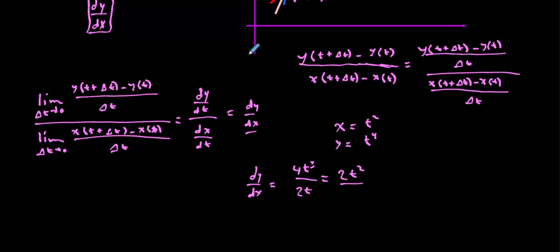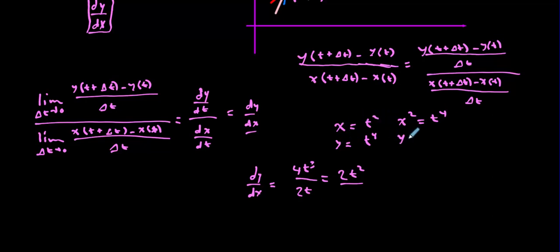Now let's just think about what if we eliminated the parameter up here and then found dy dx? Let's see what that would look like. Well, t squared is equal to x. So that means x squared is equal to t to the fourth. I just squared both sides here.